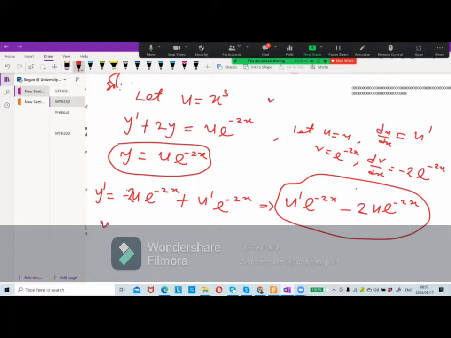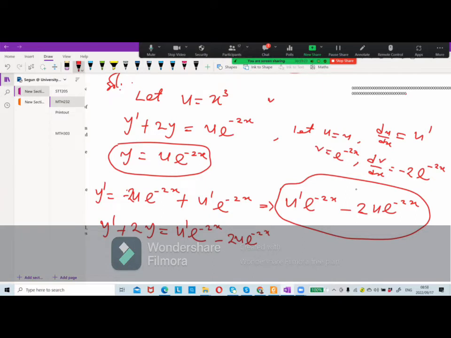You can say my y prime plus 2y is equal to, now substituting it one after the other. I know y prime to be u prime exponential minus 2x minus 2u exponential minus 2x.